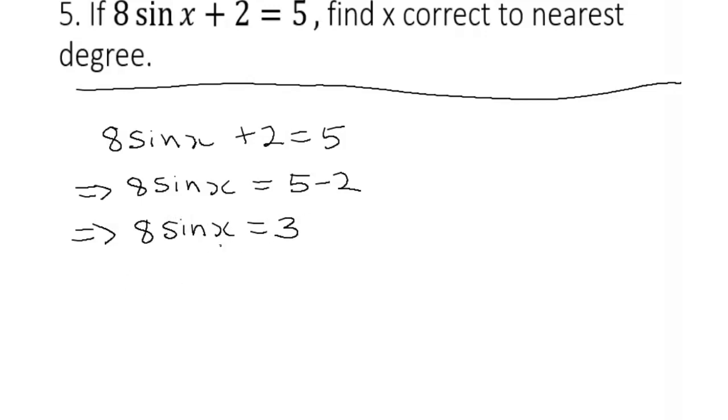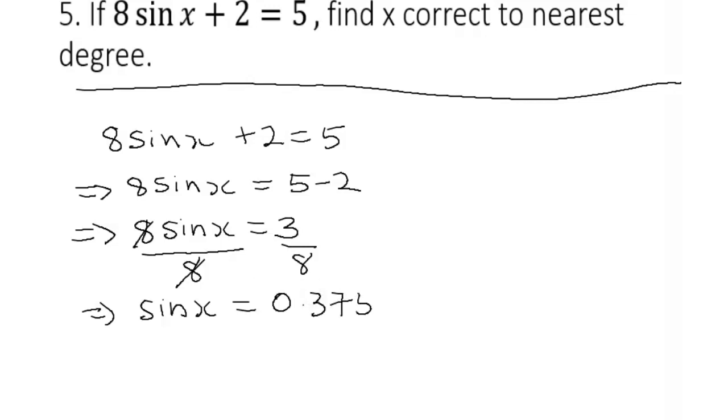Now we still want to find x, so we need to divide through by 8. So this 8 will cancel, leaving sin x equal to 3 divided by 8, which is 0.375.